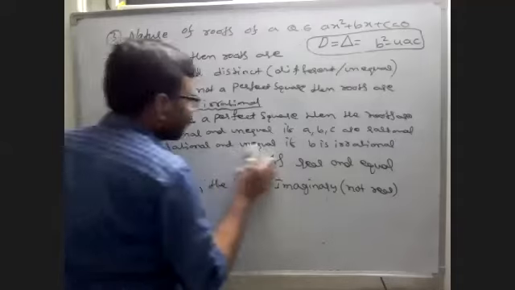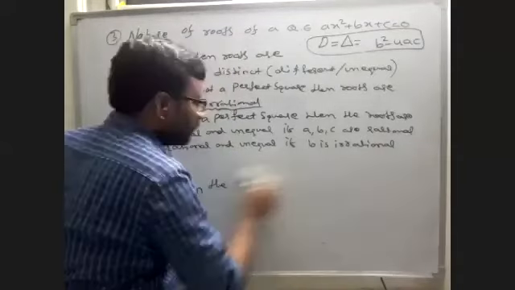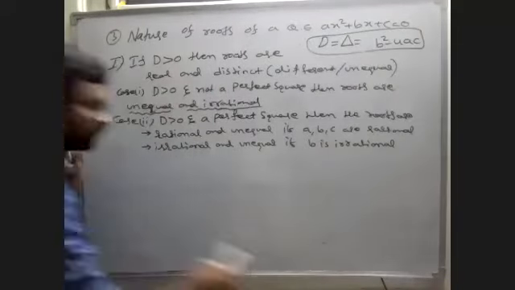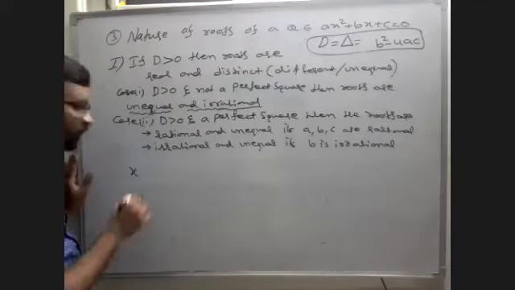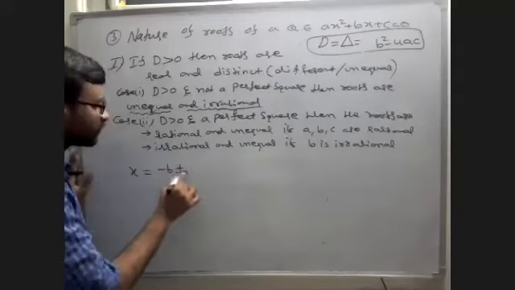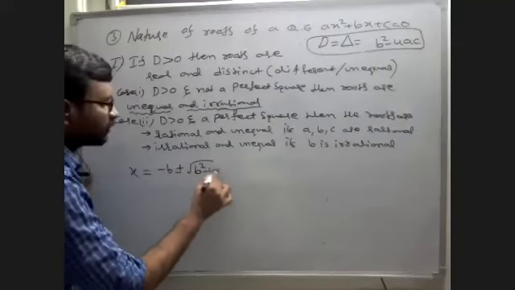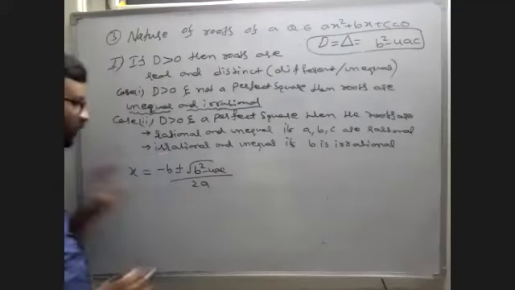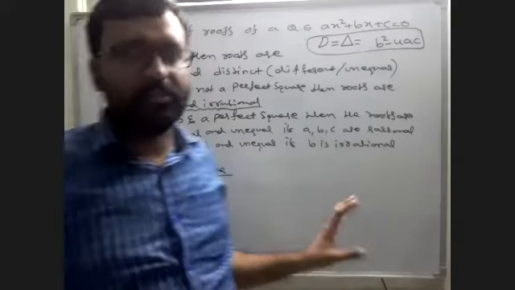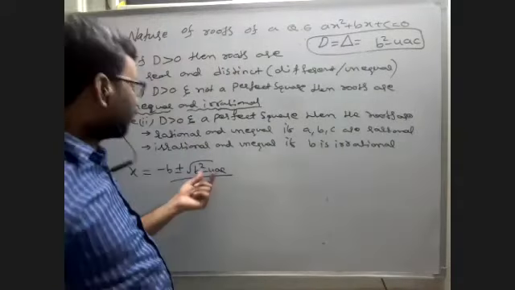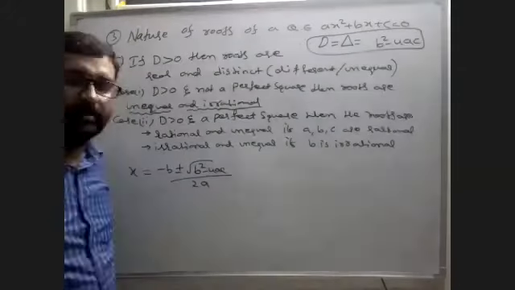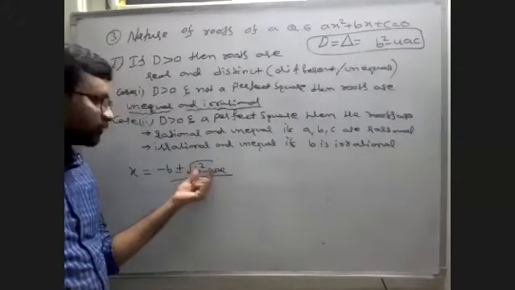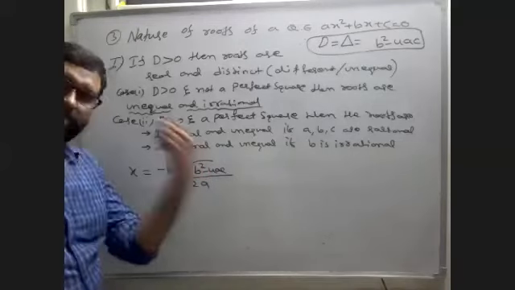Not a question, but to understand, listen. The roots of x are x equal to minus b plus or minus root over b square minus 4ac by 2a. Depending on this, we can say: if delta is less than 0, you get a negative under the root, which is imaginary.